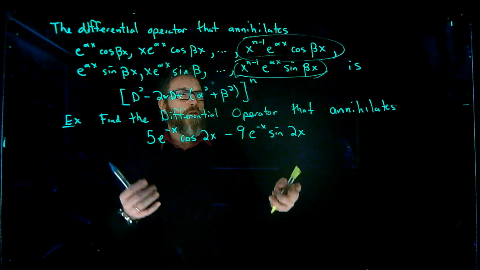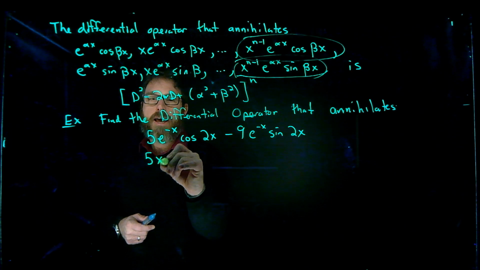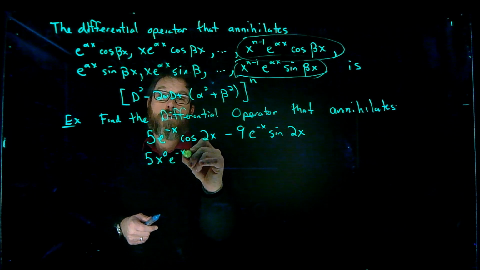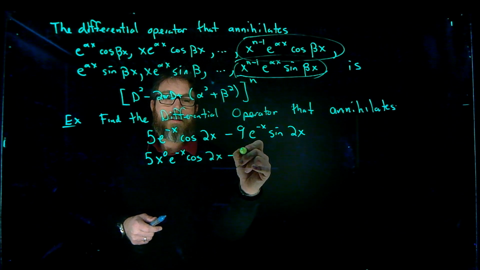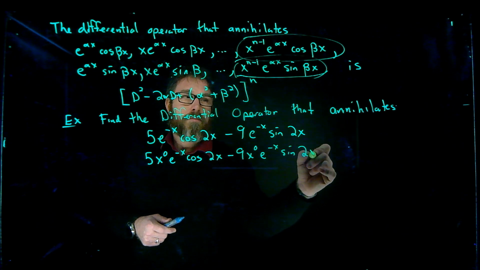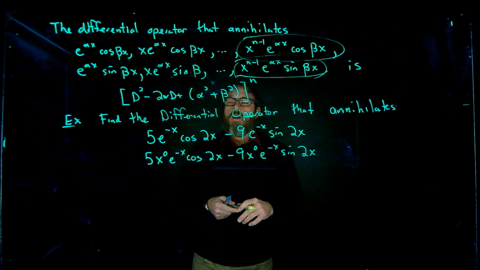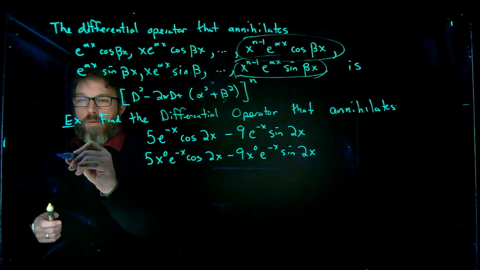So if I want to find the differential operator that annihilates this, I'm going to rewrite this in such a way that I can see that power on x, because I know this n has to be 1 bigger than that power. So the differential operator that's going to annihilate this is this thing with the appropriate alpha and beta.